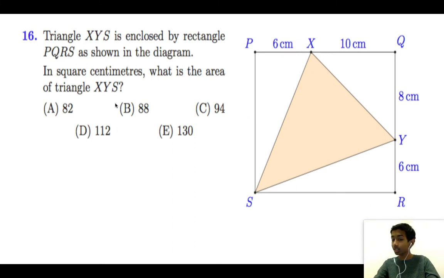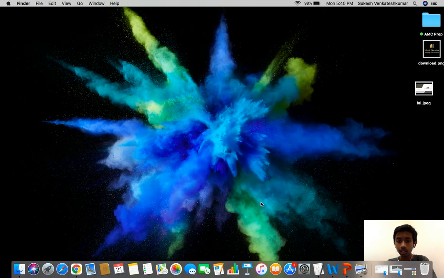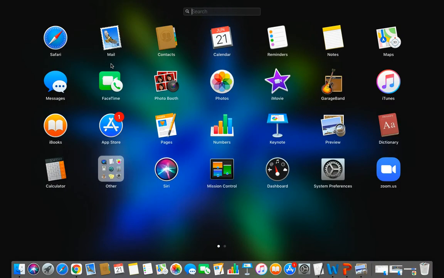So that was not the right one, so let me help you with one. If that's 10, then the bottom is 16. Then all we need to do is 16 times 6, divided by 2, because the area of a triangle is half base times height, right?